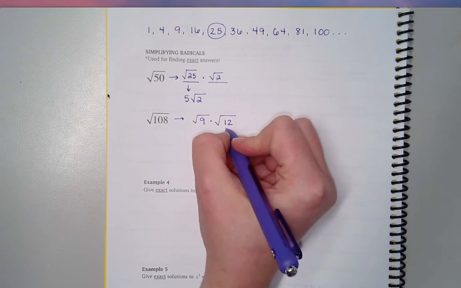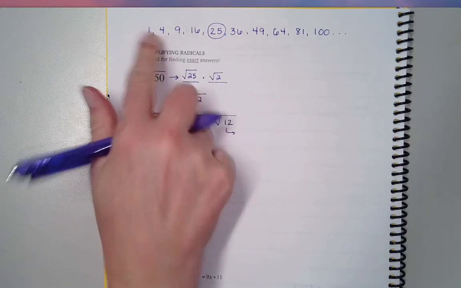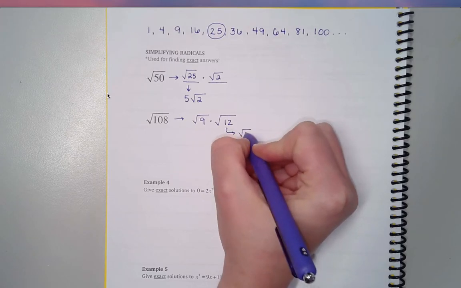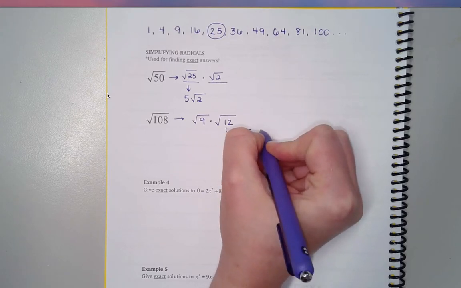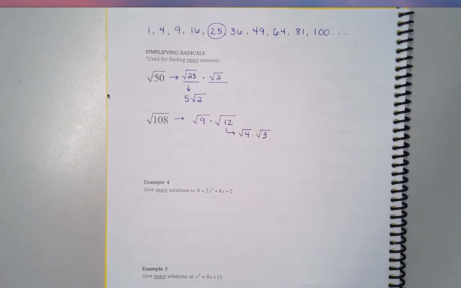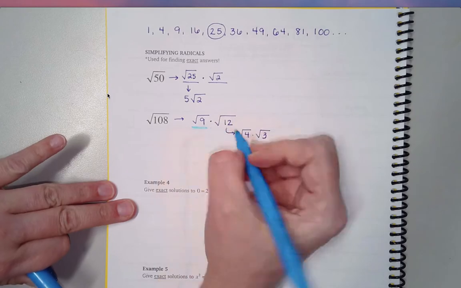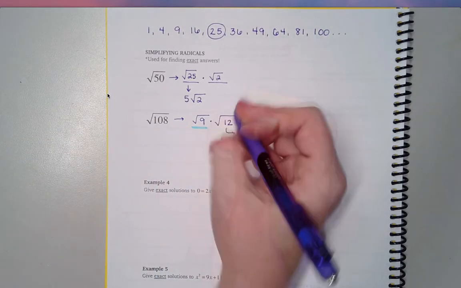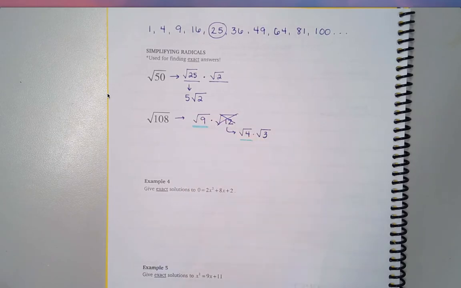Okay? The 12 has a 4 that goes into it. So the 12 can really be the square root of 4 times the square root of 3. And so now I have a perfect square here and a perfect square here. Okay? And I'm going to cross out this 12 because we turned the 12 into a 4 and a 3.